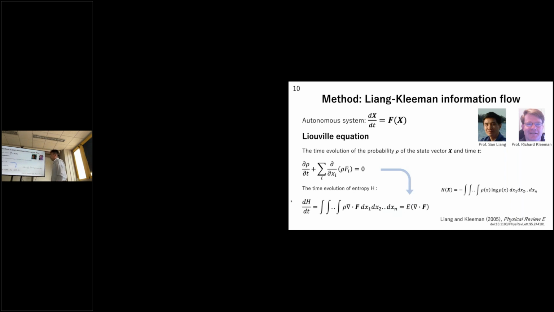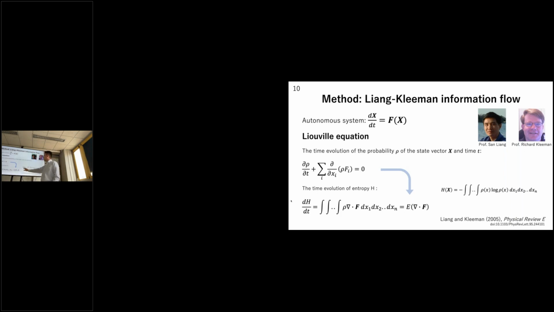Immediately we get the Liouville equation of this equation, so we can describe the time evolution of the probability density like this. As I said, we can get the time evolution of entropy based on this equation.